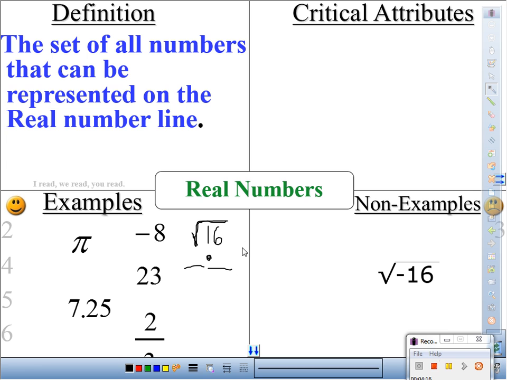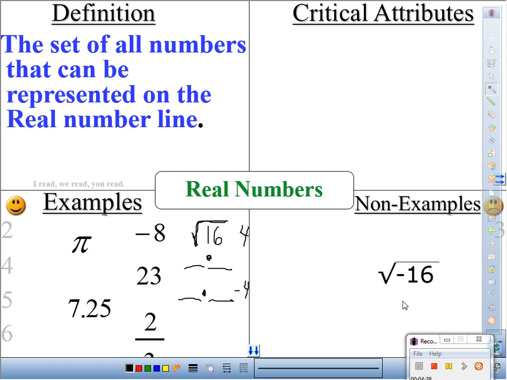Everyone? 4. Okay. However, there's another number times itself that also gives us 16. What is it? -4. So are these two real numbers? Yes, that's why this is a real number. But once again, what does the square root mean? A number times itself.